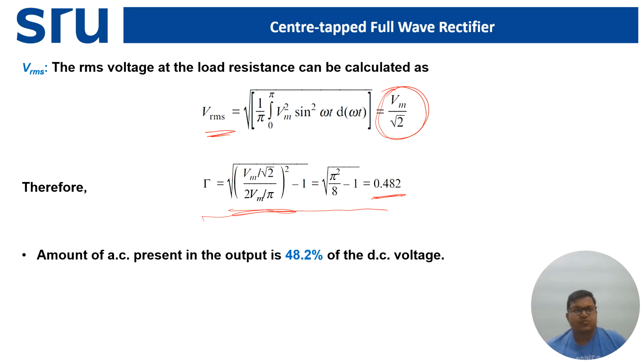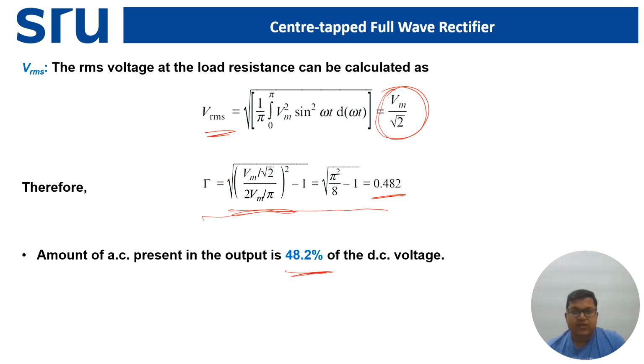It purely becomes 0.482, which as a percentage is 48.2%. So finally we can conclude that the amount of AC present in the output is 48.2% of the DC voltage.